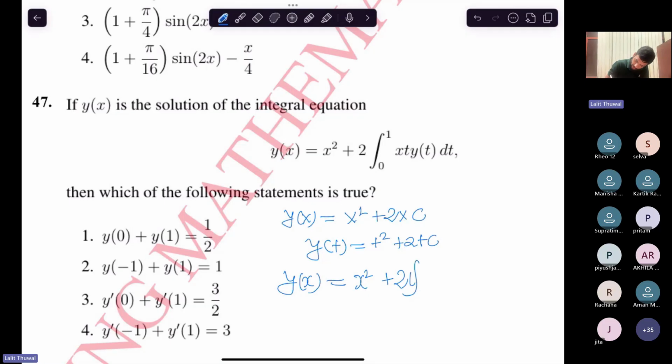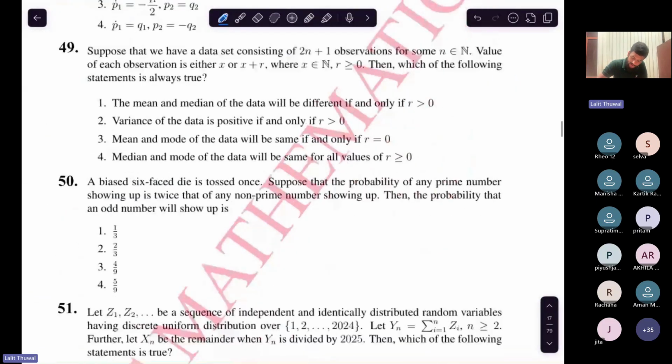So y(x) equal to x squared plus x times the integral from 0 to 1, and t is there. Put the value of y(t), then integrate and get the solution. So you can do that.